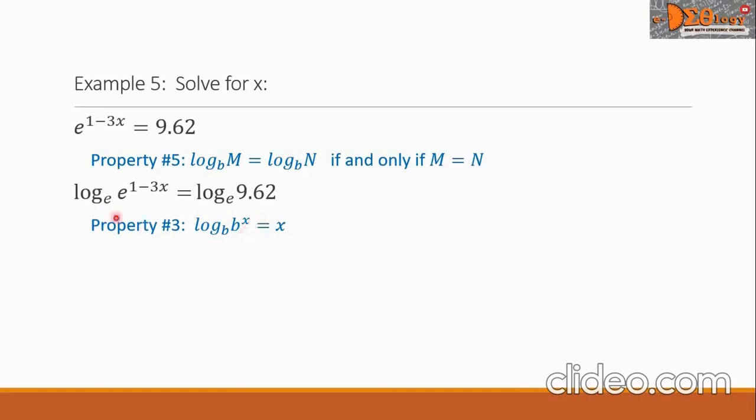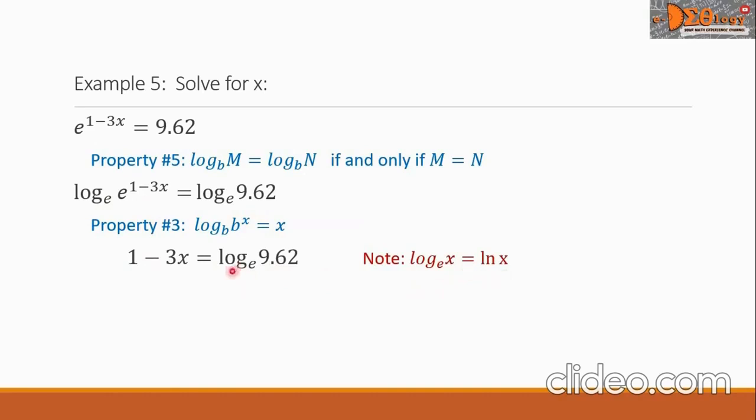It means to say we can simplify the left hand side. We can simply put the 1 minus 3x down here, and this is now equal to the log of 9.62 to base e. I hope you still remember the natural logarithm, that the log of x to base e is equal to ln x.